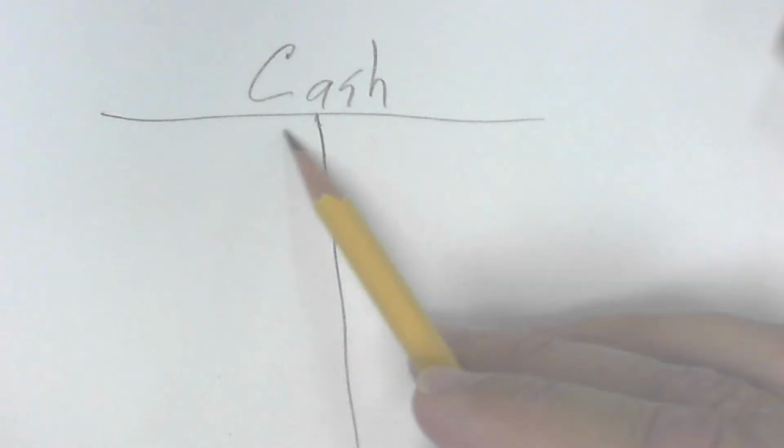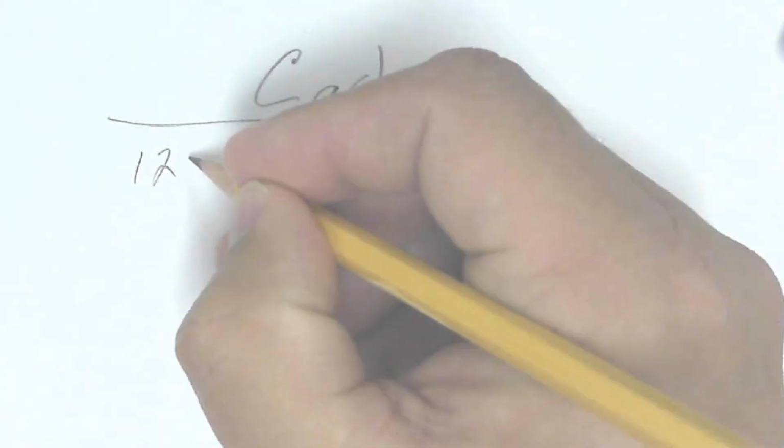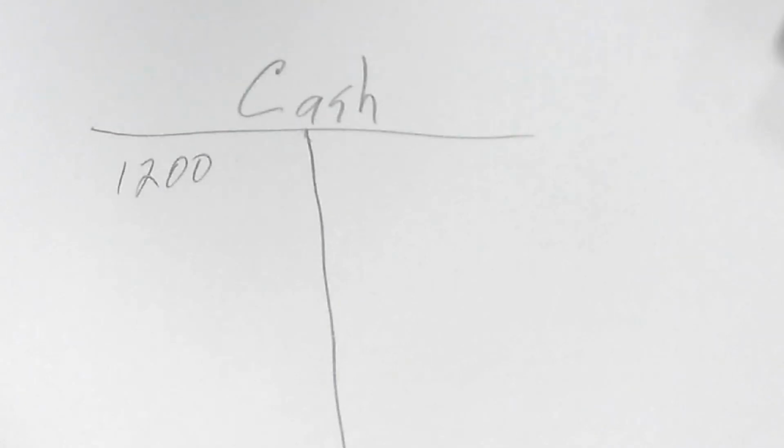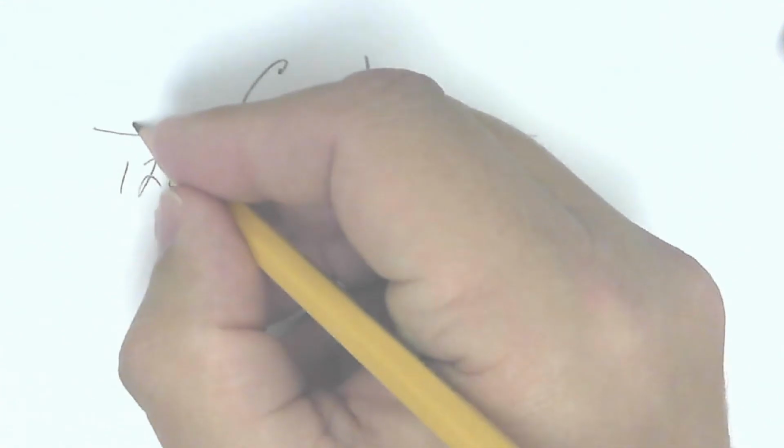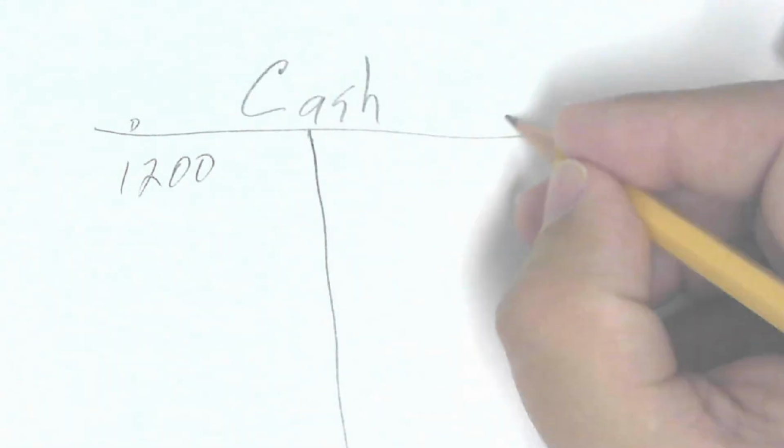So it said our debit cash balance was $1,200. So remember, this is the debit side, this is the credit side.